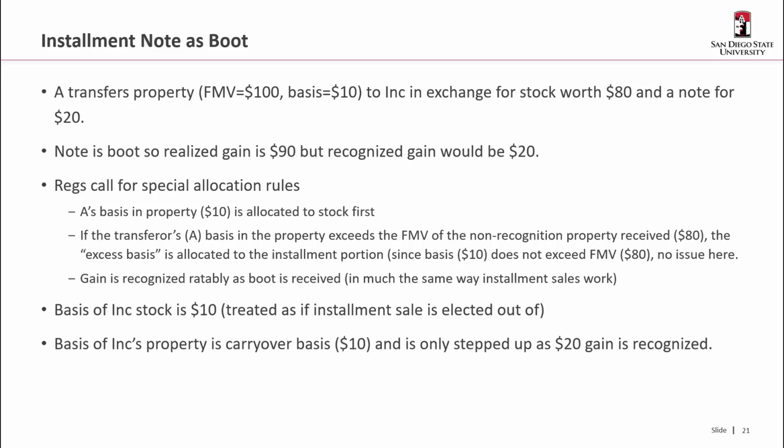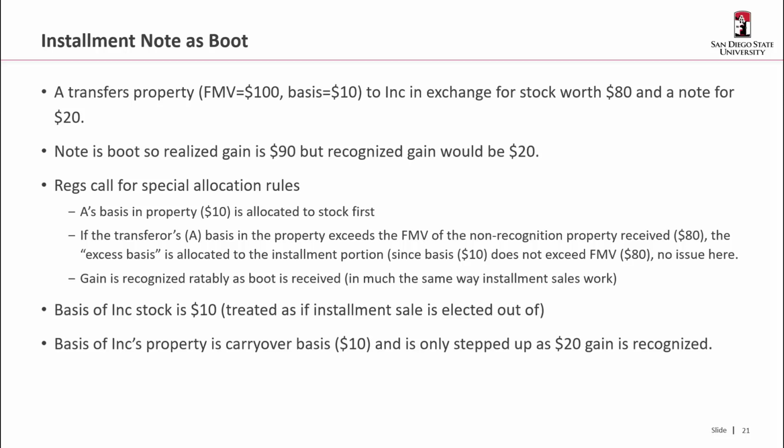So what do you do with that gain? Because remember, gain affects the basis that you take. And basically what this is saying is, look, A's basis in the property is allocated first to the stock. So in this case, it's $10, and that means that his stock basis is $10. And then the excess basis would be allocated to the installment portion, but only if the fair market value of the non-recognition property received was less than the basis, and that's not the case here.